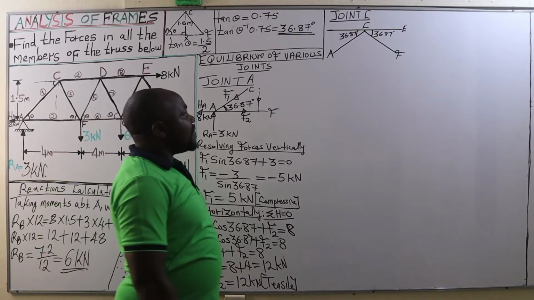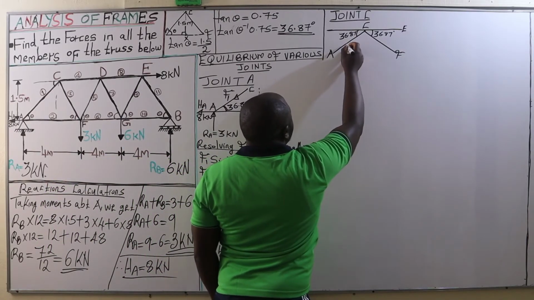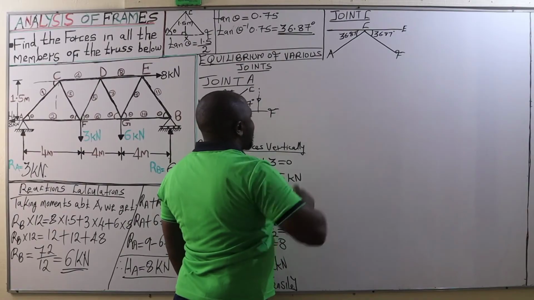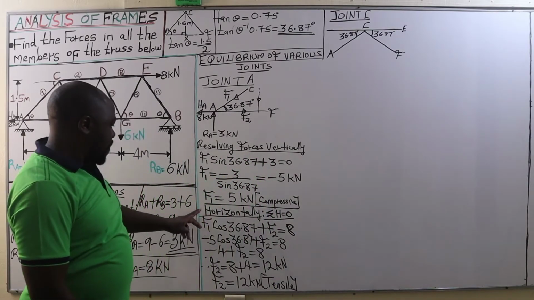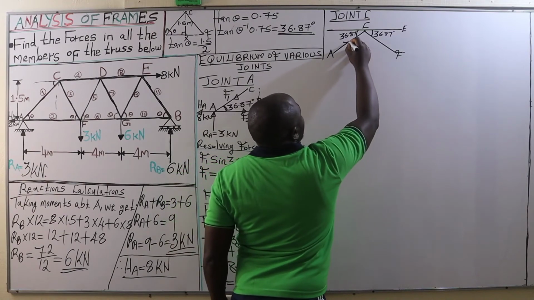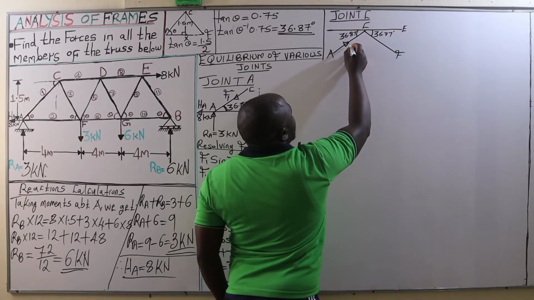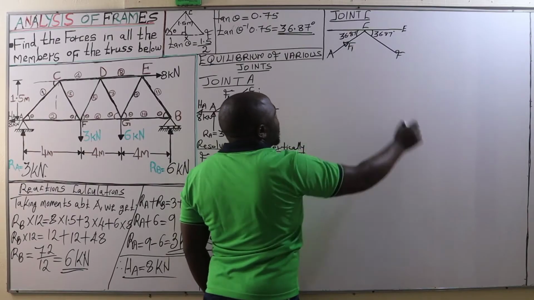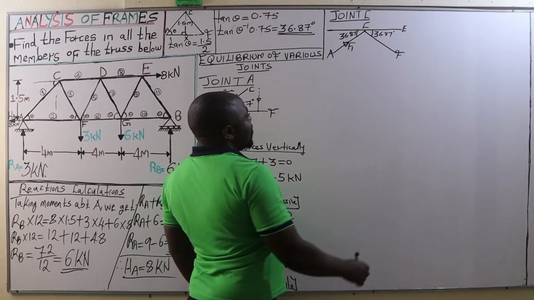The members that we have: member AC, and on member AC we have a force F1, which is a compressive force. Therefore, that force will be compressing joint C. So this is F1. We already know its value.